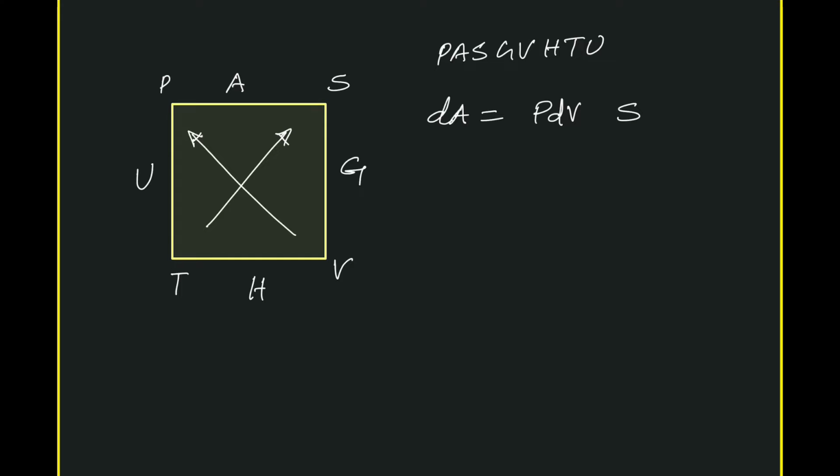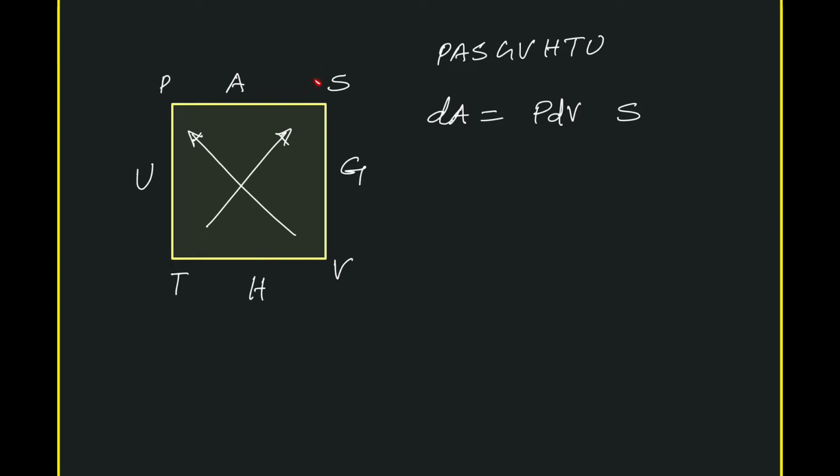To denote the distant variable, we will use this D. Actually, D is derivative. Still, for our mnemonic diagram, we will take this as the distant variable. For P, the distant variable is V, so P and dV.